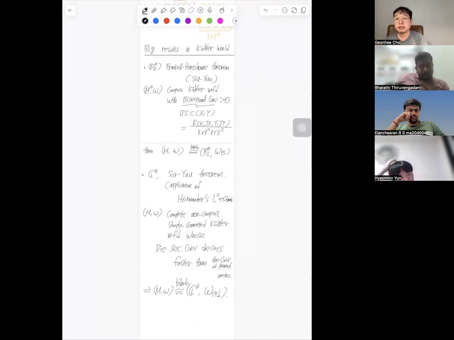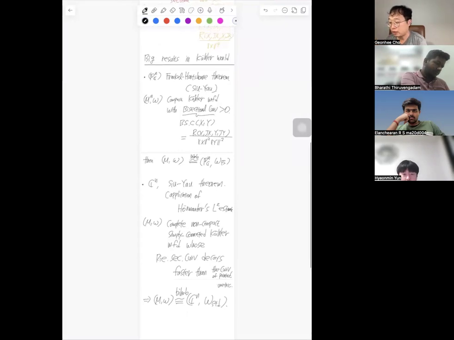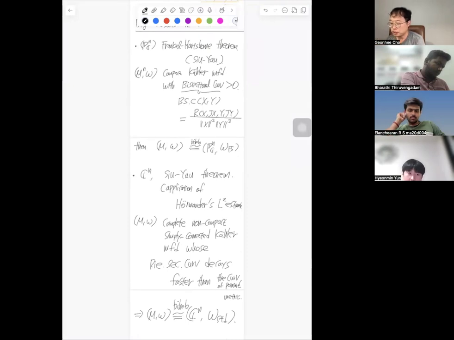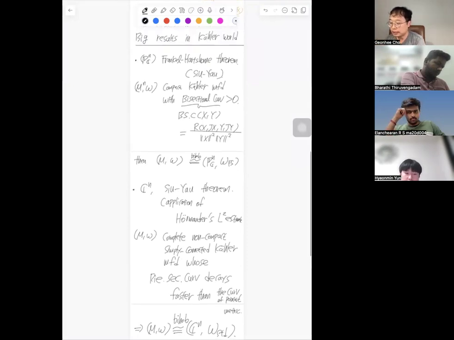All those results are from the early 80s, by the way. And the second result is a very important application of Hörmander's L2 estimate in the manifold setting. The idea is how to establish such a biholomorphism from the reference Kähler manifold to Cn. In order to establish that biholomorphism, the curvature condition should be used in the Hörmander L2 estimate.